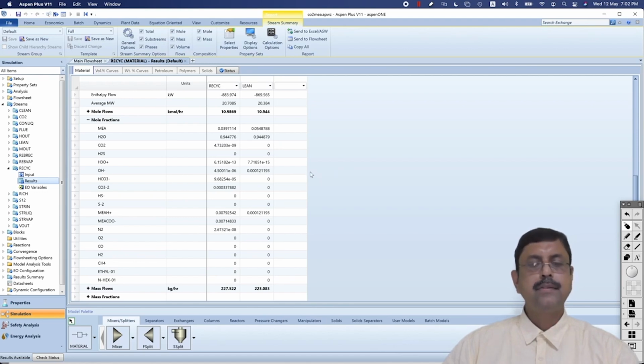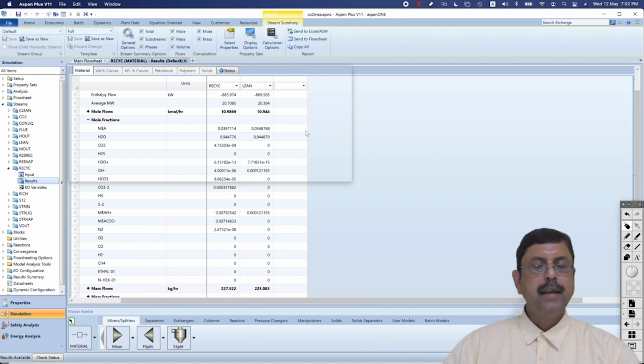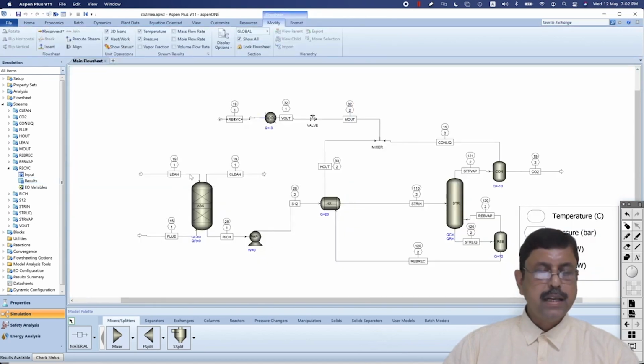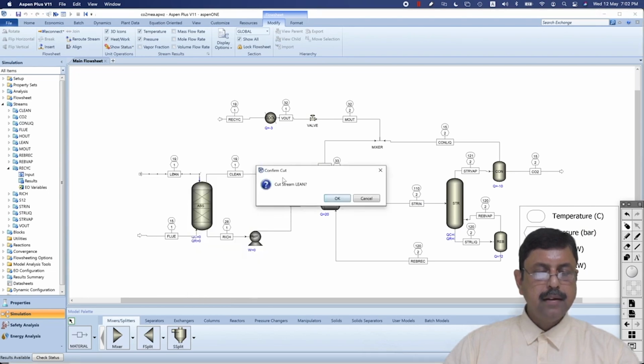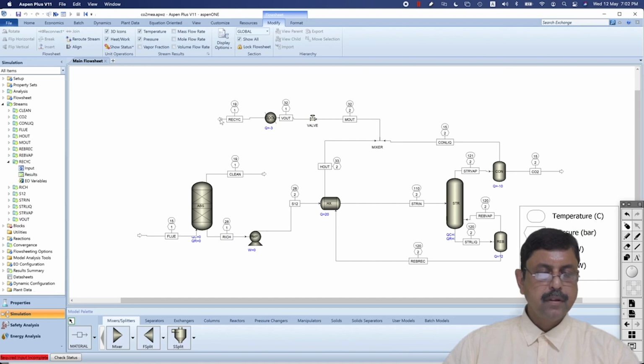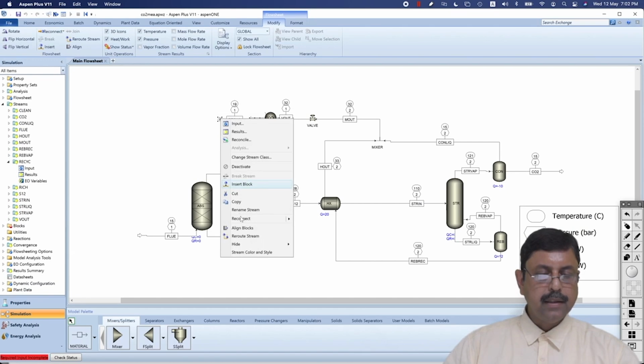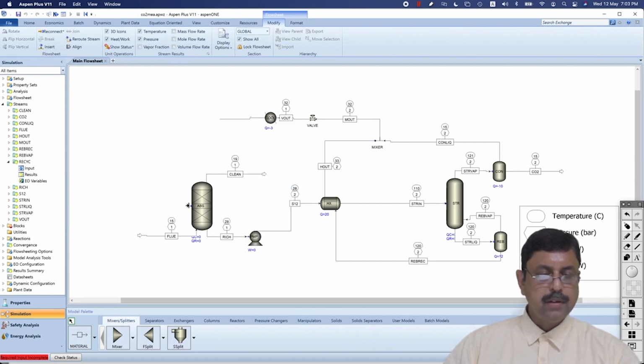Now the question is whether we can directly remove the lean stream and add the recycle stream in its place. In other words, whether we can do like this. If it is possible, then our job will be much simpler.